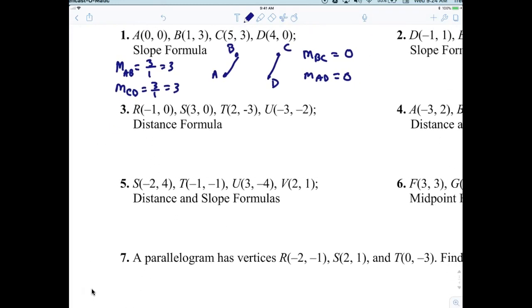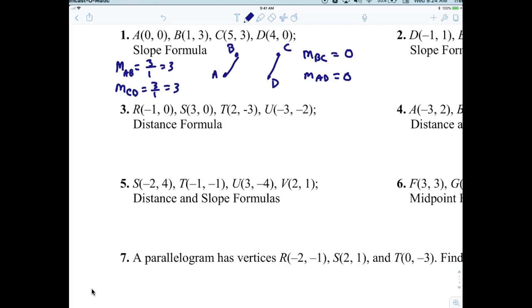So now let's take a look at the distance formula. Again, if I wanted to prove that the quadrilateral is a parallelogram, the opposite sides have to be what? The opposite sides have to be equal.